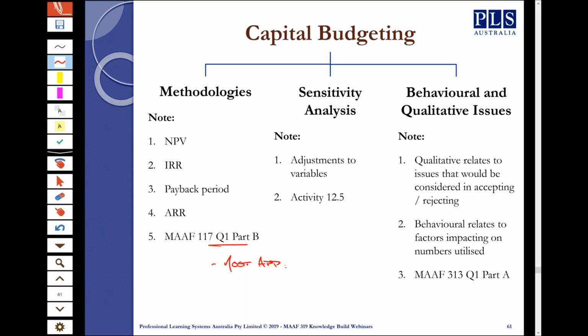In that instance they didn't get you to do a calculation. You then worked your way through your sensitivity analysis coverage with respect to activity 12.5, and we looked at our behavioural and qualitative issues.